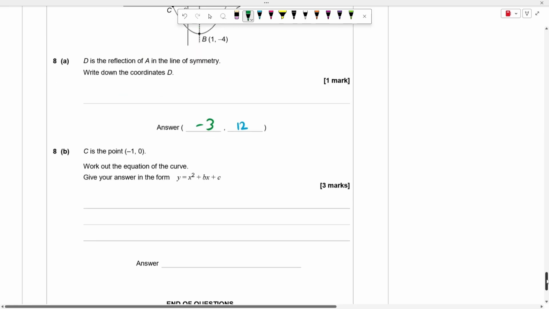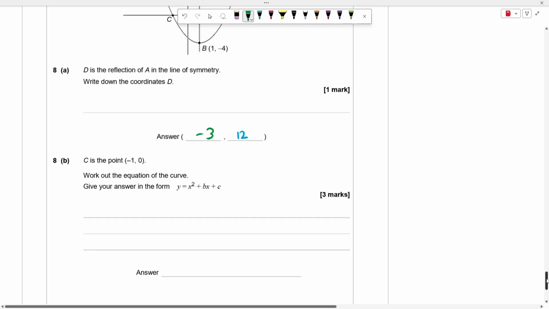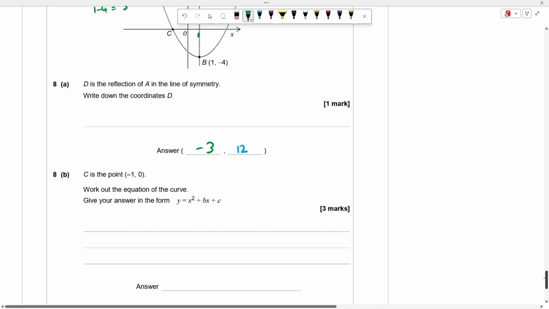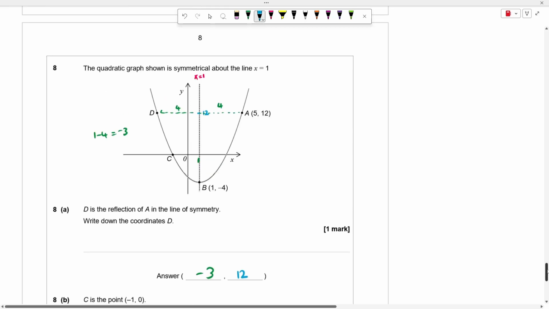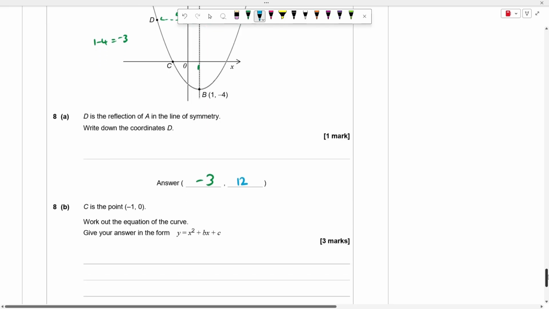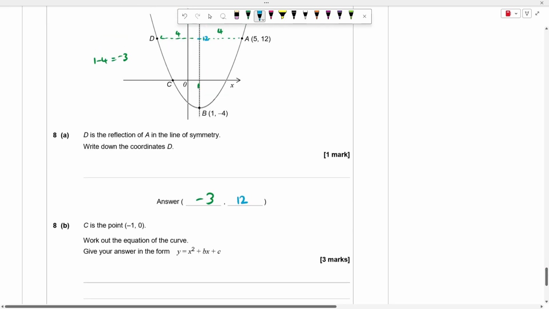Then for part B, it's asking us to say that C is the point 1, 0. Work out the equation of the curve. Give your answer in the form of this. So looking at this, what we know is that the minimum point of this curve is 1, -4.